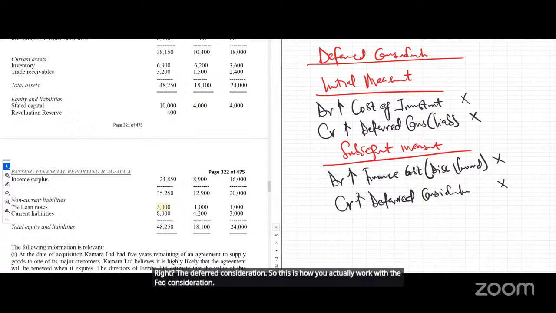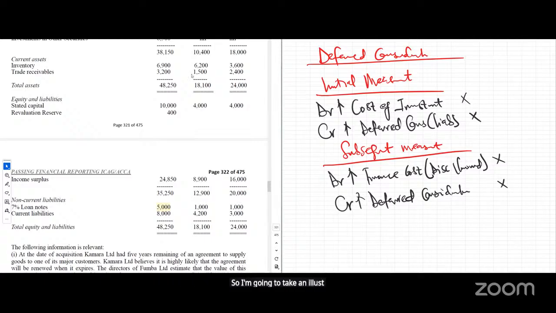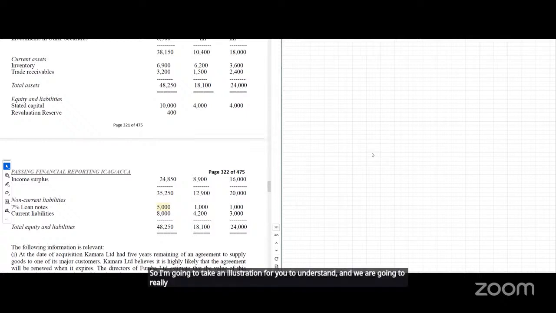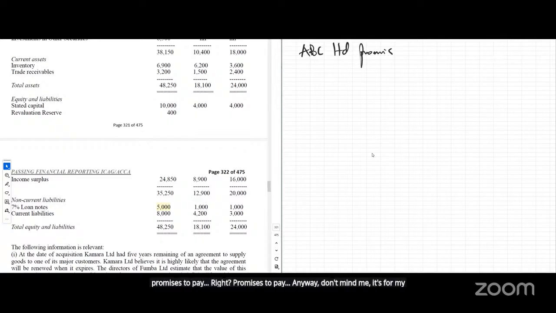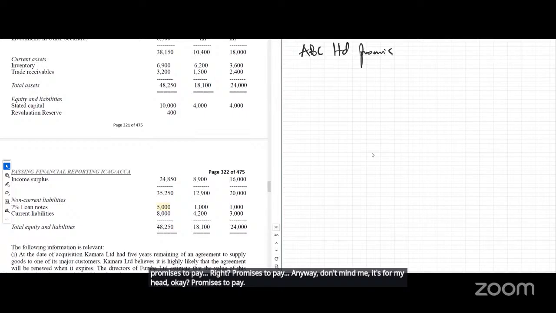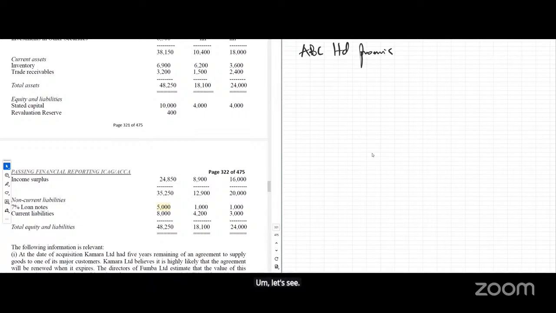So I'm going to take an illustration for you to understand, and we are going to really account for it. Let's just say that ABC Limited promises to pay, don't mind me, it's from my head, promises to pay 500,000 in the next 4 years, right? Please write it down now.